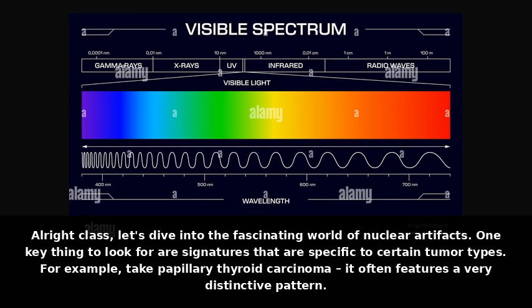All right, class, let's dive into the fascinating world of nuclear artifacts. One key thing to look for are signatures that are specific to certain tumor types. For example, take papillary thyroid carcinoma. It often features a very distinctive pattern.